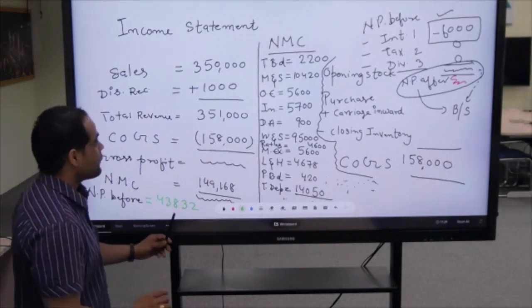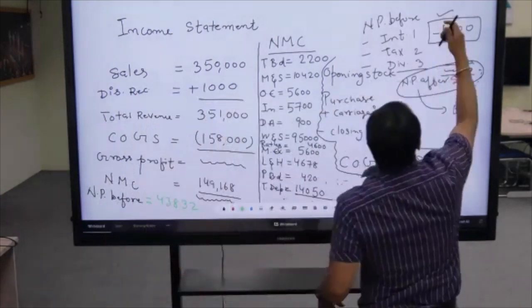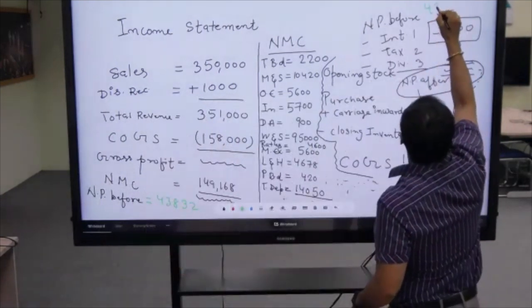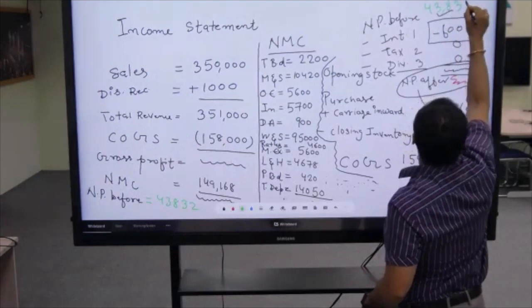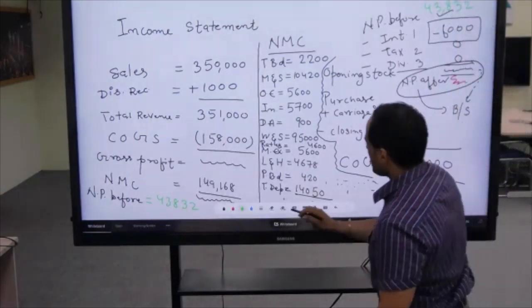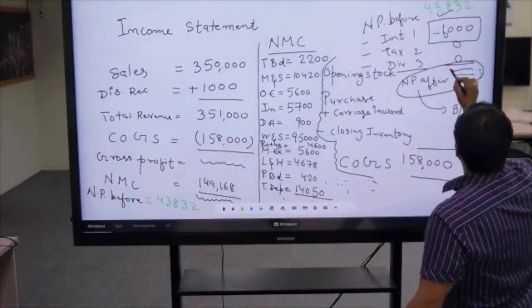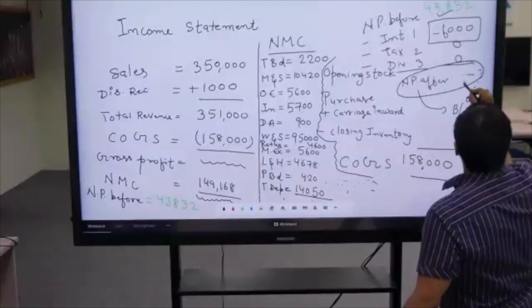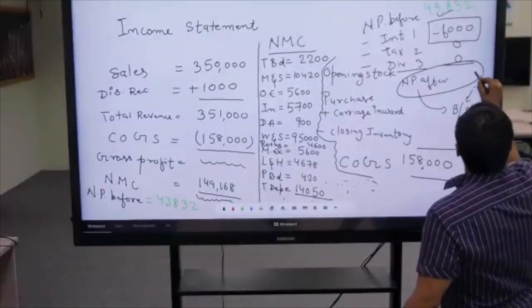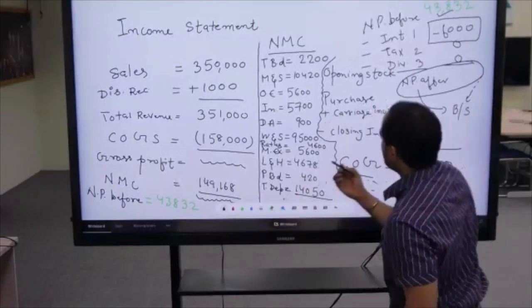So this net profit before, 43,832, subtract 6,000, gives net profit after. How much is net profit after?